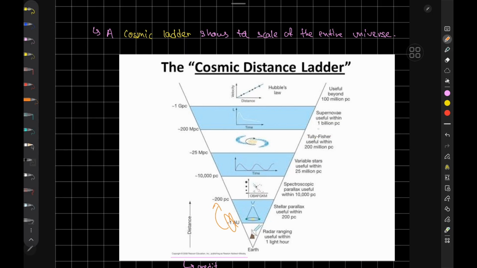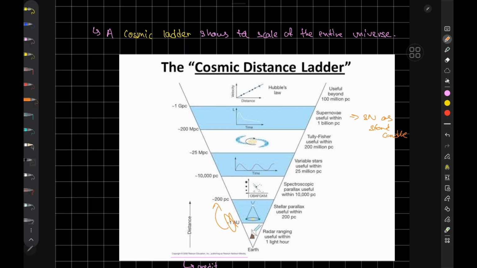This one I have zero idea about what it is, I don't remember it. But after that, up to 1 gigaparsec, we use supernovas, that is the use of supernovae (SN) as standard candles, and based on that we make a judgment of how far any unknown supernova is.